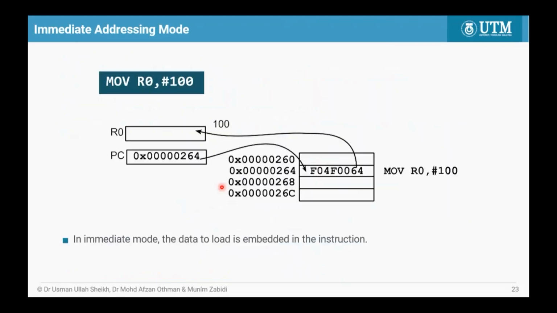So these are examples. We have another example: immediate addressing mode, which you already learned about in the previous class. MOV R0, hashtag 100. Every time you come across this hashtag symbol, you know that this is an immediate value. You're going to move the value 100 to R0.